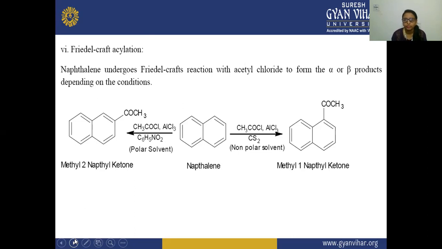So in this Friedel-Crafts reaction, there is a formation of the alpha or beta product depending on the condition. Naphthalene undergoes Friedel-Crafts reaction with acetyl chloride to form two products, one is the alpha and the second is the beta product, and it all depends on the condition, meaning whether it is a polar solvent or a non-polar solvent.